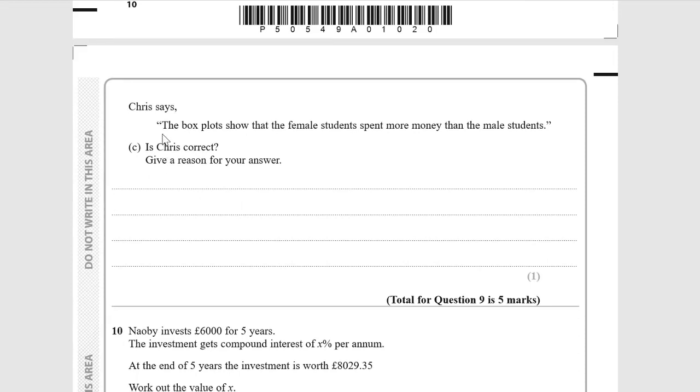Nine C. So Chris says the box plots show that the female students spent more money than the male students. Give a reason for your answer. So yes, the median amount spent by girls is more.